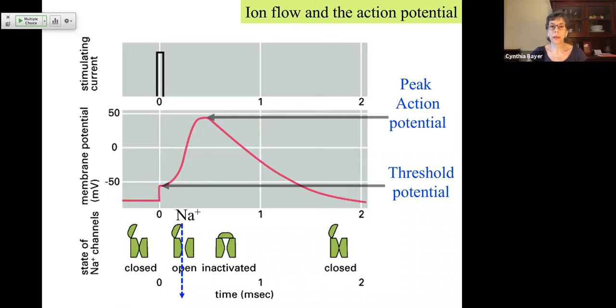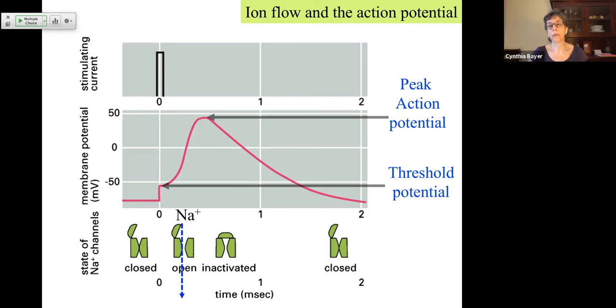Very quickly, once that sodium ion channel is in a membrane that is plus 40 millivolts, it's going to change its conformation again from the open state to the inactivated state. So no more sodium ions can enter the cell. But at this point forward, other ion channels are open, like potassium ion channels that will allow positively charged potassium ions to leave the cell.